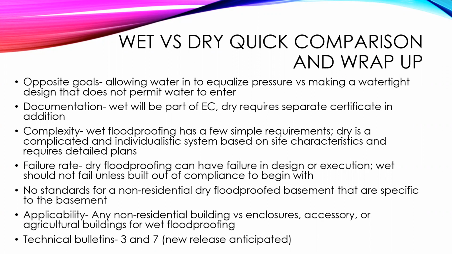The dry floodproofing needs the other certificate and an elevation certificate and a permit, of course. Wet floodproofing, very common, very simple requirements and everything, whereas dry is an extremely complicated system. Dry floodproofing can fail, and then that is pretty devastating if it does. So yeah, I think that's pretty much the wrap up on this.